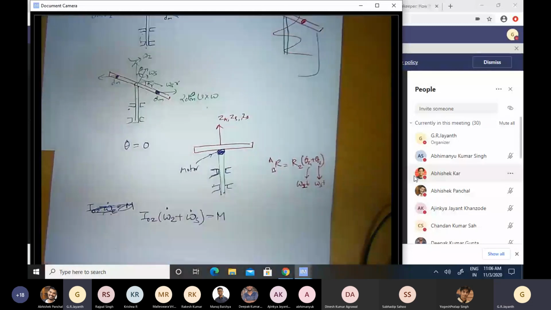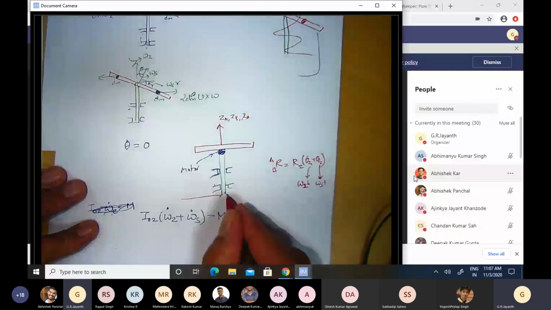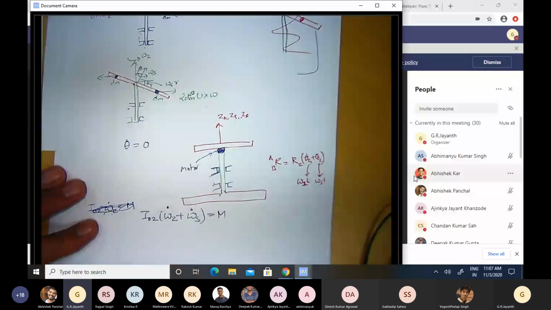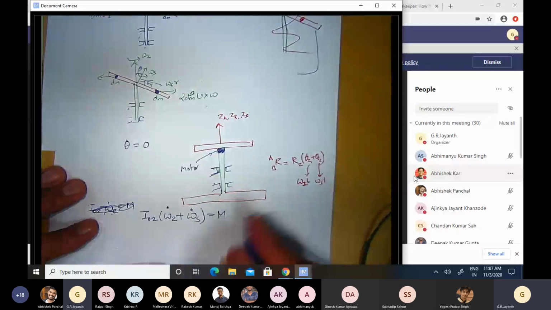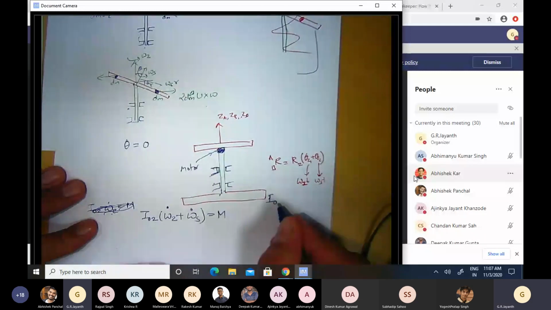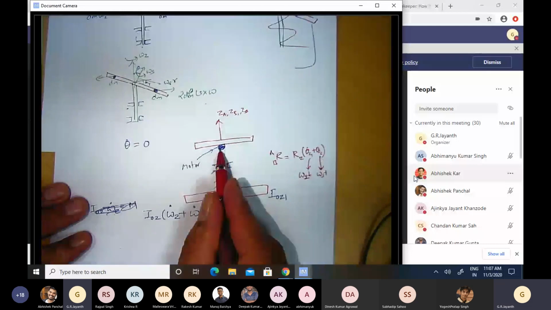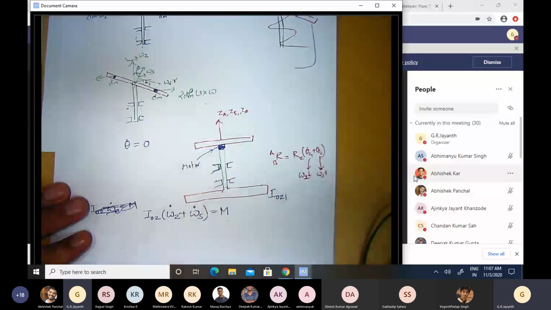Now suppose I attach to this shaft another big object on the other side here. Let the moment of inertia about the z-axis for this, the principal moment of inertia, be I0 z1. Now because my motor is applying a moment m on this particular plate, by Newton's third law, an equal and opposite moment should be experienced by this big object here.